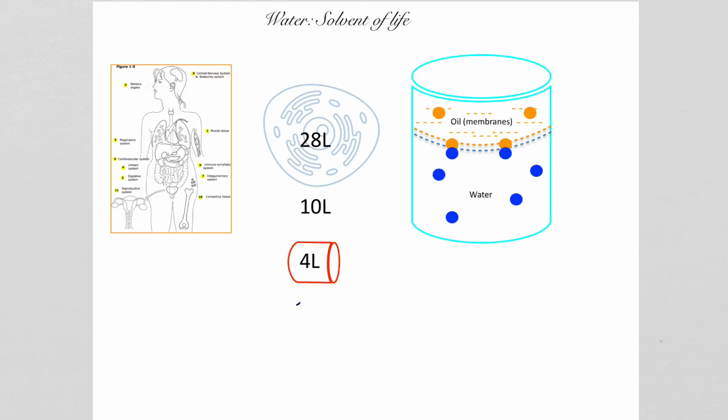Water also has a very large specific heat capacity due to its dipole nature, due to its chemical structure. It has one of the highest specific heat capacities of any liquid.